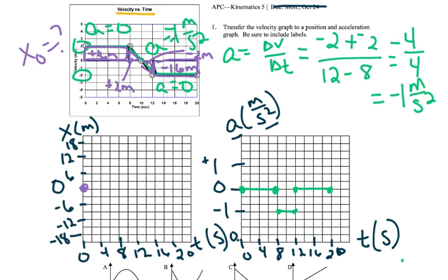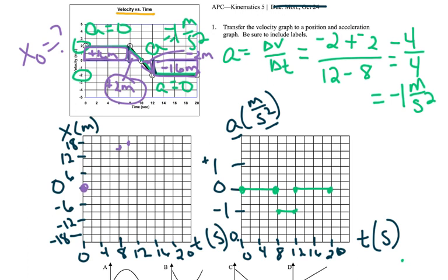Then we're going to go forward 16 meters, and we should be at positive 16 meters at 8 seconds. So that's going to be somewhere around in here. Then I'm still going forward. I have to go forward another 2, and I need to be at that at 10 seconds. So I need to be at a positive 18 here in 2 seconds.